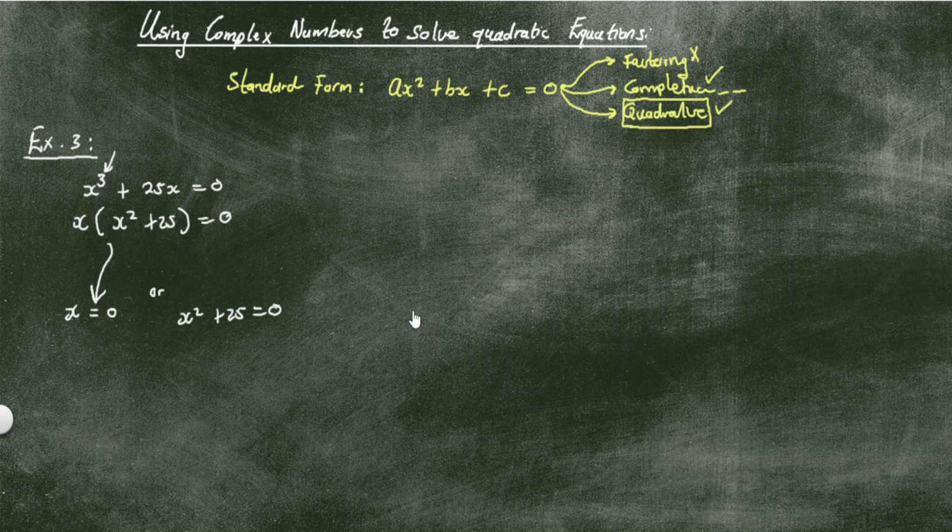On the second example, you saw what happened. We had a similar example where we had x squared plus 25. So when this is simplified, it gives us x that is 0 plus or minus 5i.